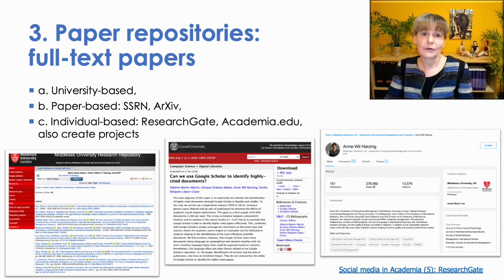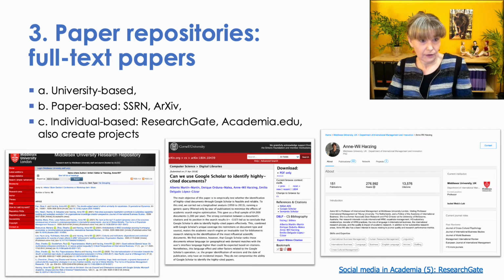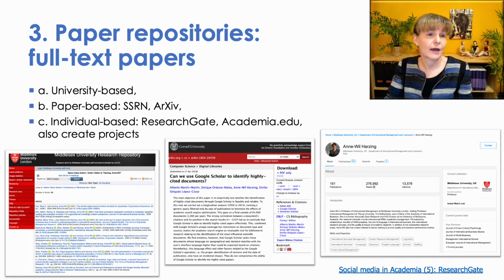Finally, there are repositories that are more individually oriented, author oriented, such as ResearchGate and academia.edu. Here, academics create their own profile and papers are listed under that profile. So author-based, not paper-based or institution-based. You can also create research projects in ResearchGate where you bundle papers and write up news flashes on current projects.